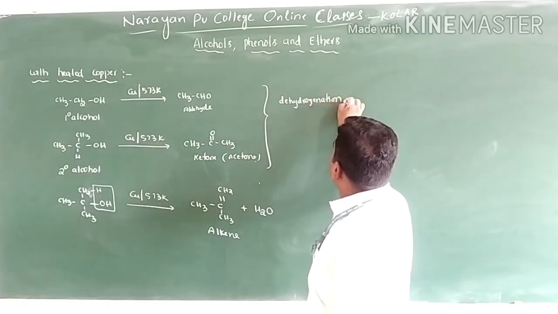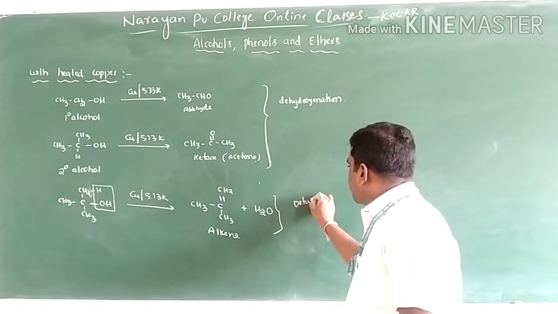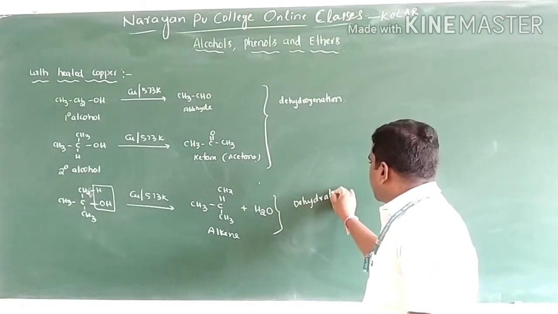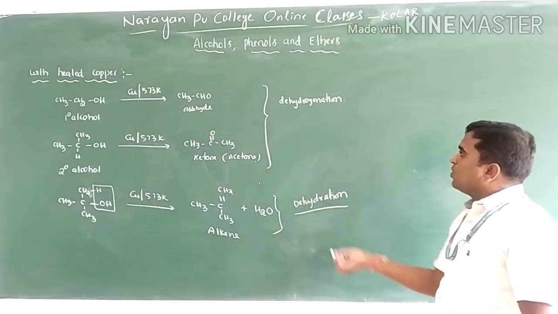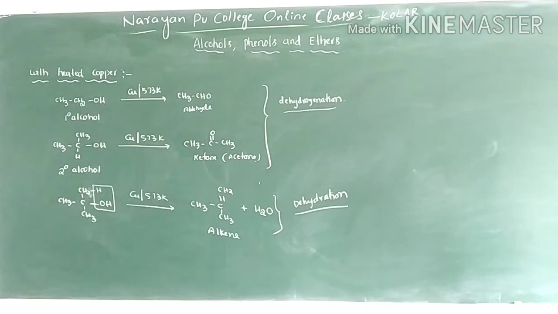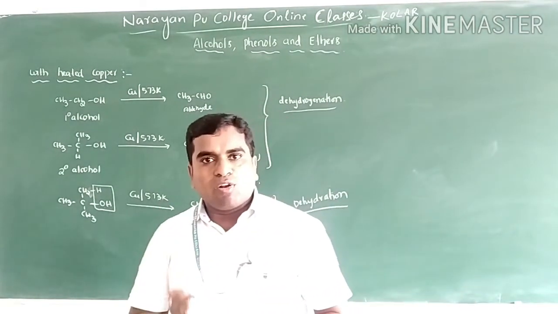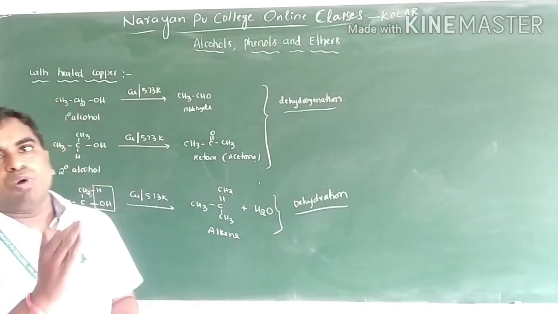Dehydrogenation takes place here, but here dehydration takes place. Dehydration means a water molecule is removed. Dehydrogenation means H2 molecules are removed. So this is about the reactions involving cleavage of the C-O bond.